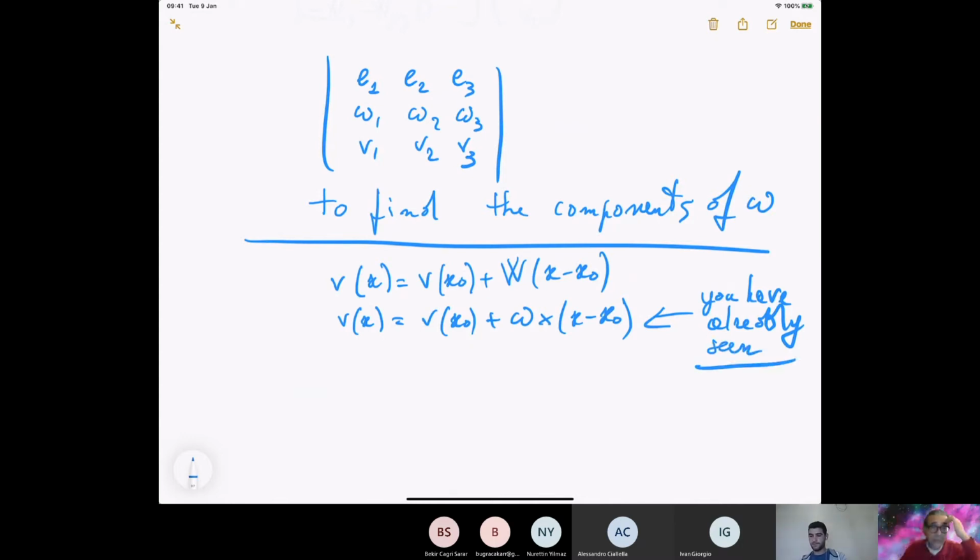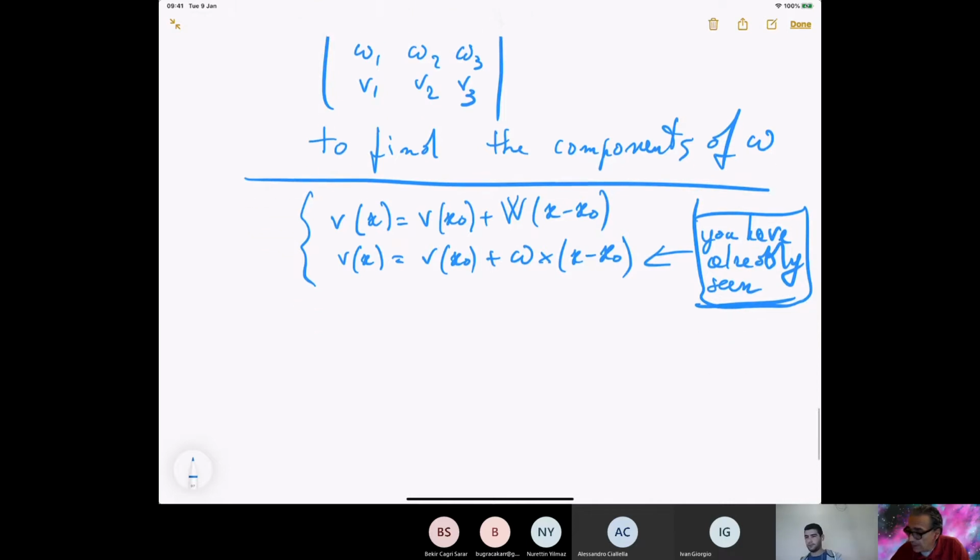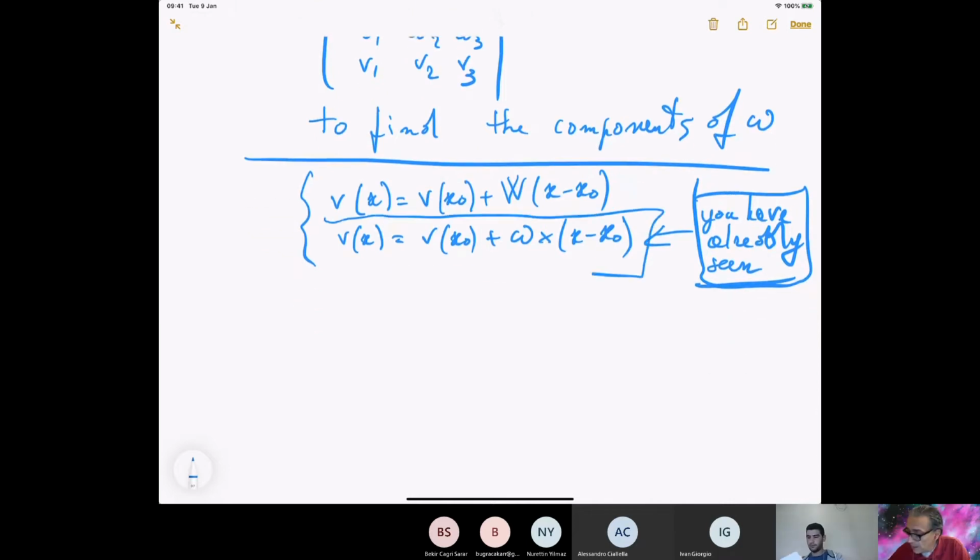Okay. So we needed some algebra, but we have understood how the velocity field in a rigid motion is.